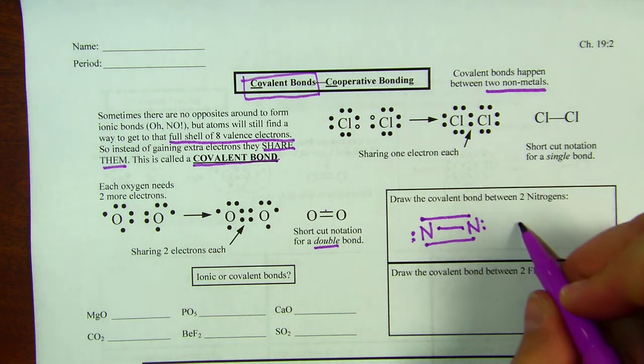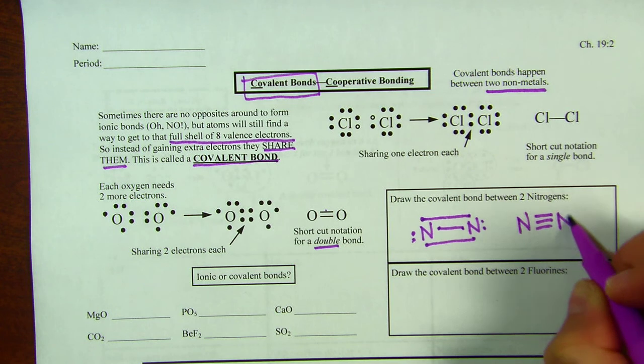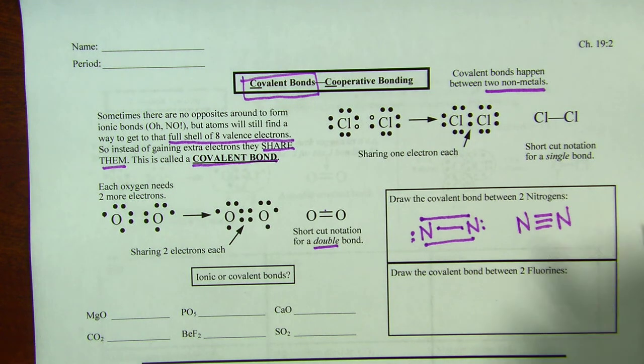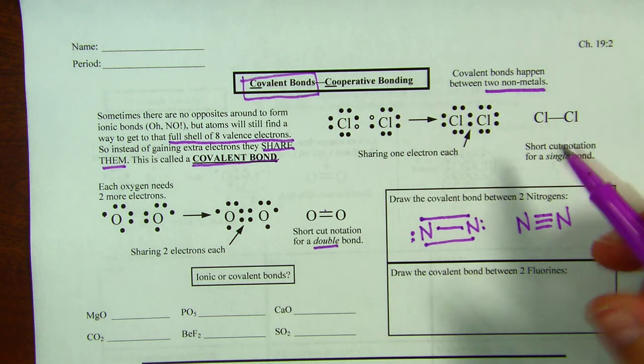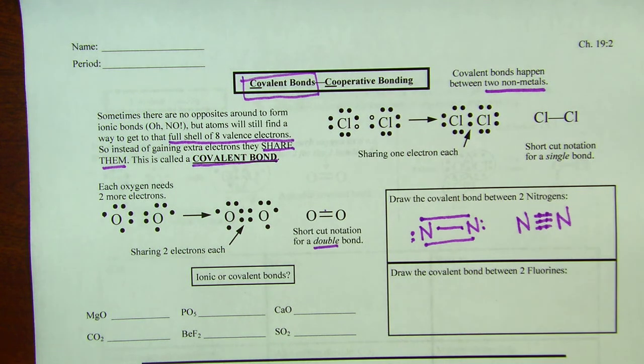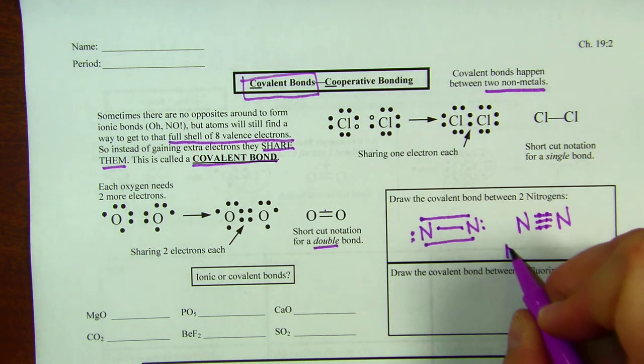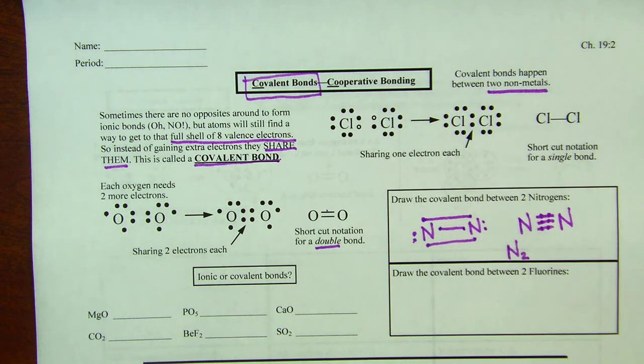We're going to clean that up just a little bit, and our bond would look like this. There are 6 total electrons being shared. Within each one of these lines, each one of those bonds, 2 electrons are being shared. The way that we would write that formula, we have 2 atoms of nitrogen, so N, and then our subscript 2 shows us that there are 2.